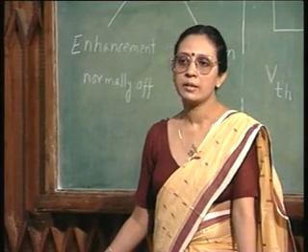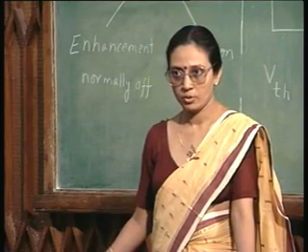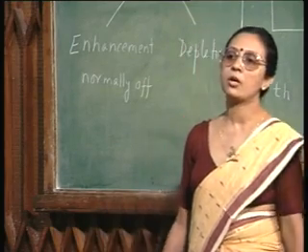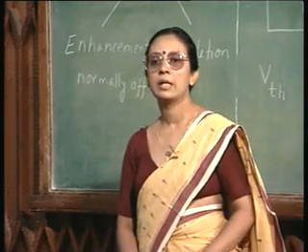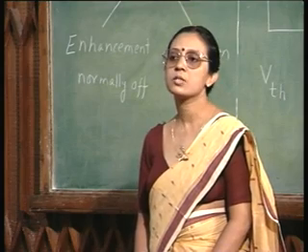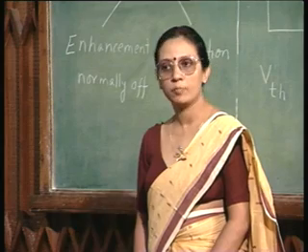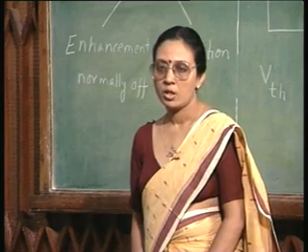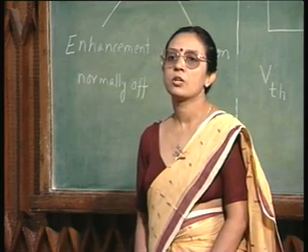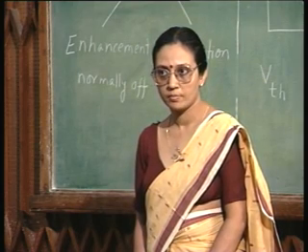Ideally speaking, the gate oxide should be a dielectric, okay. But during the oxidation of silicon, there are possibilities that some charges will be introduced in the oxide. It may be due to incomplete oxidation, it may be due to presence of mobile ions like sodium, potassium.